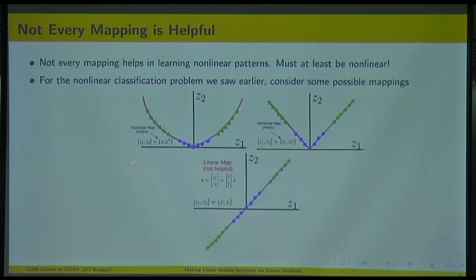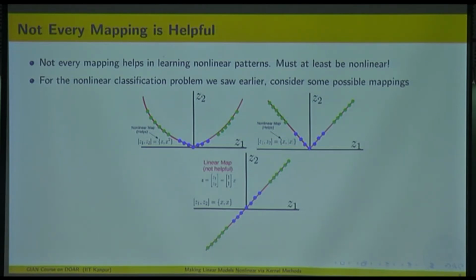However, in the third case, I'm again having a two-dimensional mapping. I'm mapping x to x comma x. The first feature is x. The second feature is also x. Do you think that this data is separable linearly? No, clearly not. And the reason is that the mapping that we have defined here is a linear mapping, as opposed to the previous mappings where you can clearly see visually that these mappings are non-linear.